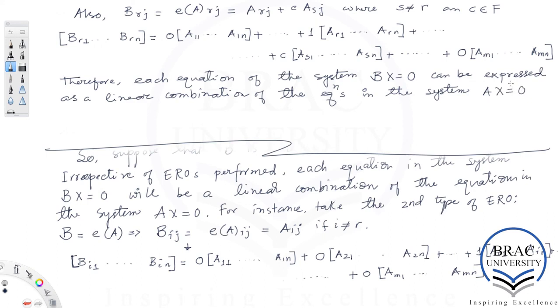if B is equal to E of A with E being of type 2. Okay, this is what we have shown.